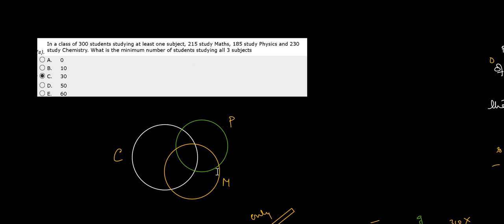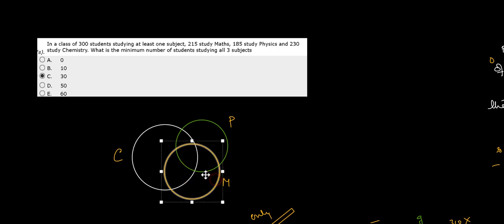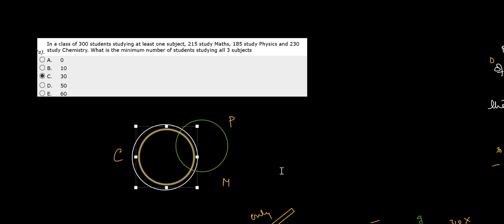So that means the minimum number of students will happen when all of my math students also study chemistry, and all the physics students study both.